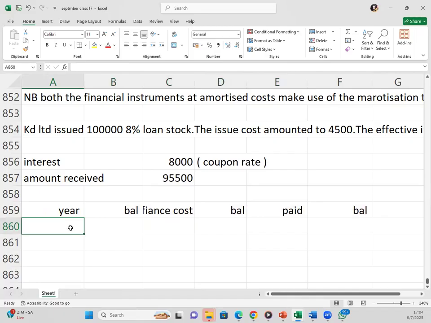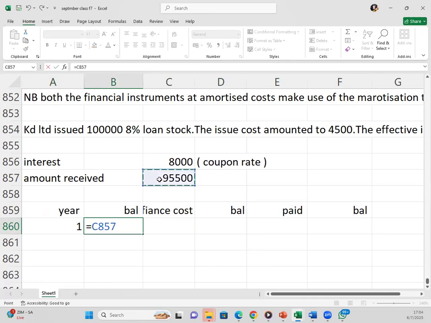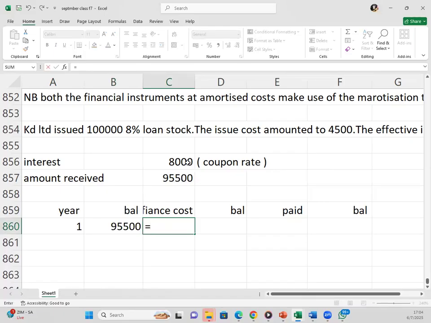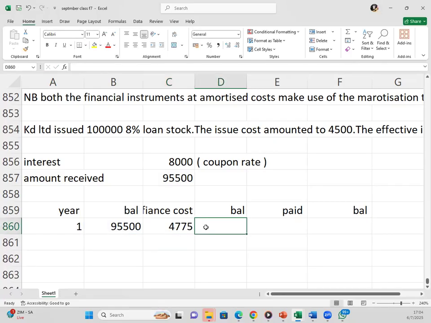So in year one, the opening balance is the amount we received. The finance cost is based on the interest rate. The effective interest rate is 5%. So you take the amount received times the 5%. Then you add that.